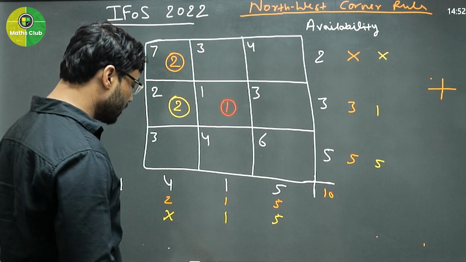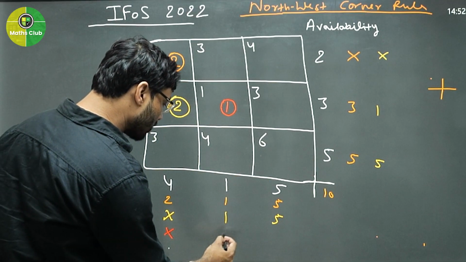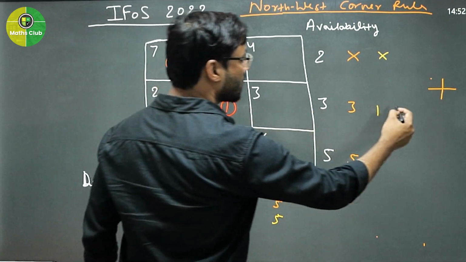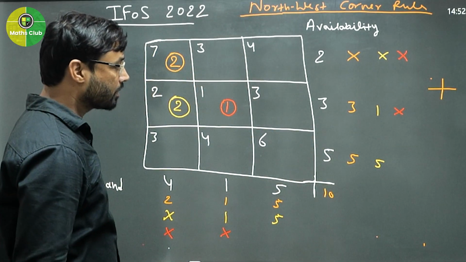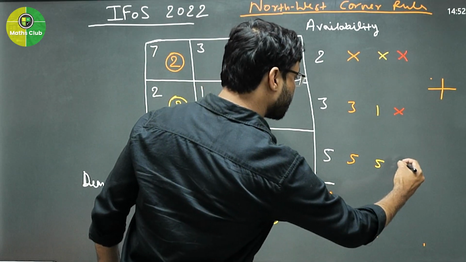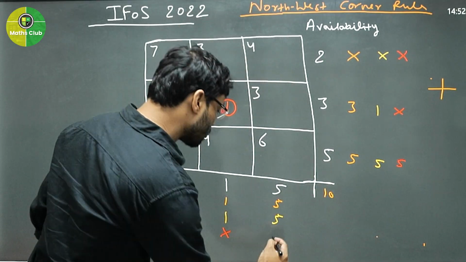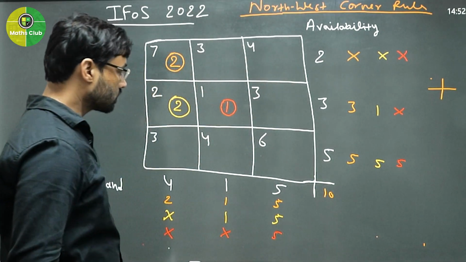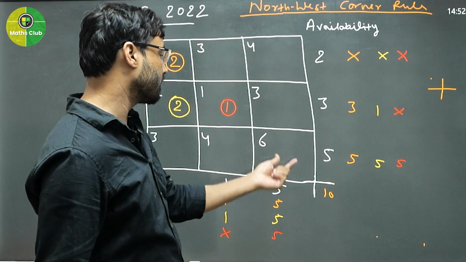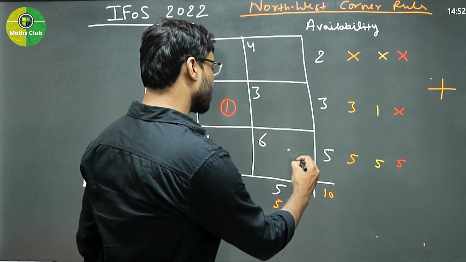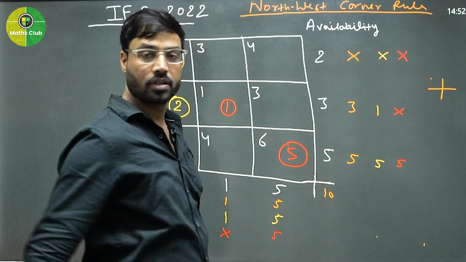Now update everything again: these are cancelled out, and only 5 remains here and 5 remains here. So we can allocate 5 here.